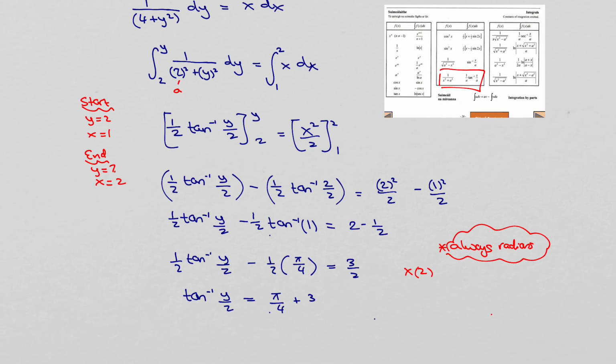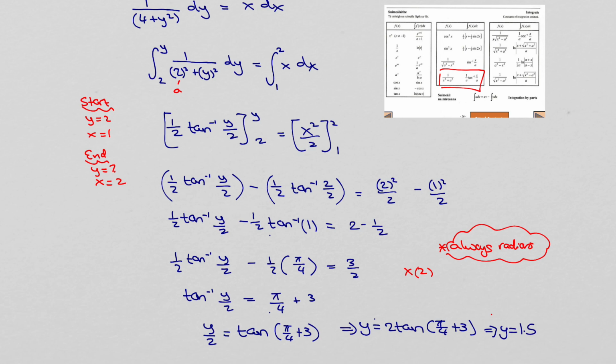So if I get the reverse of that, well then that means y over 2 is equal to tan of pi over 4 plus 3. And therefore y is equal to 2 tan of pi over 4 plus 3. And it said correct to 1 decimal place, which is equal to 1.5, making sure your calculator, of course, is in radians.